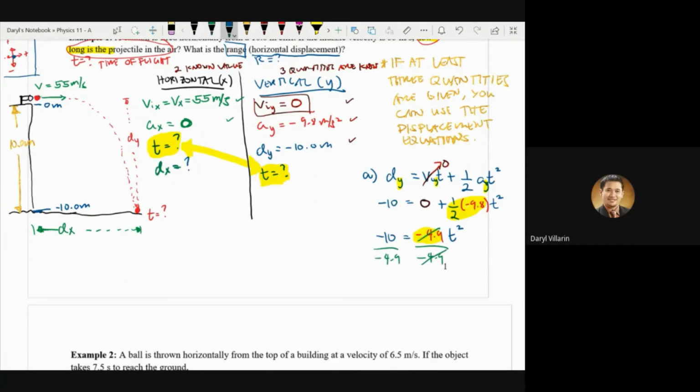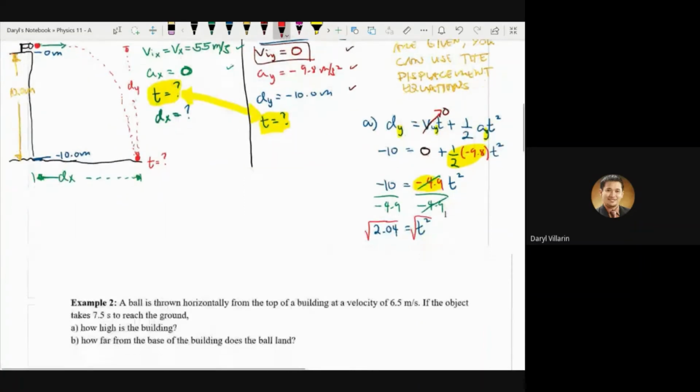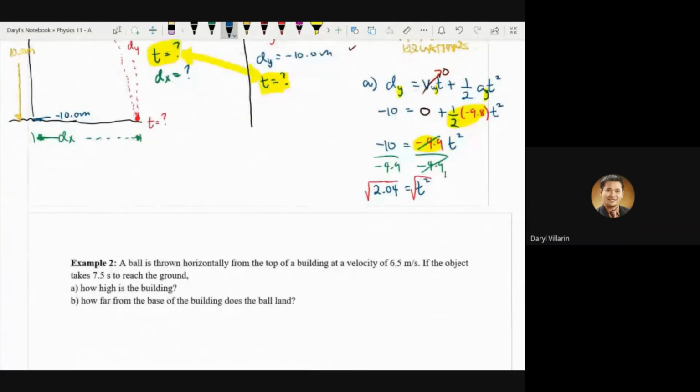So t squared is equal to around 2.04, and then I'm going to take the square root of both sides. I know that when I take the square root, it's a plus or a minus, but since this is time, I'll be taking the positive value.